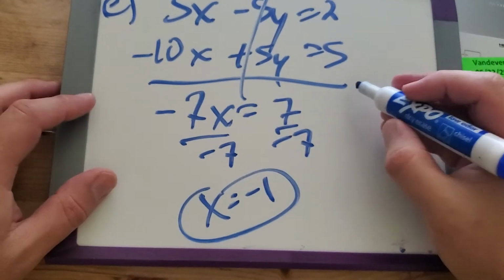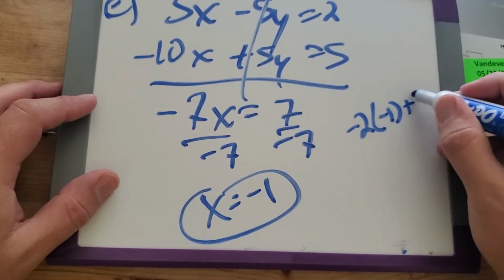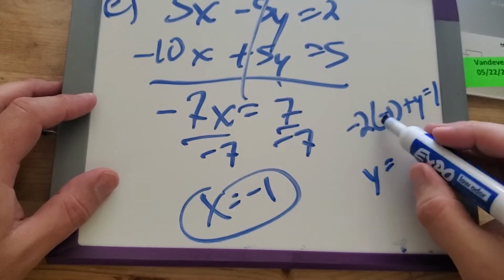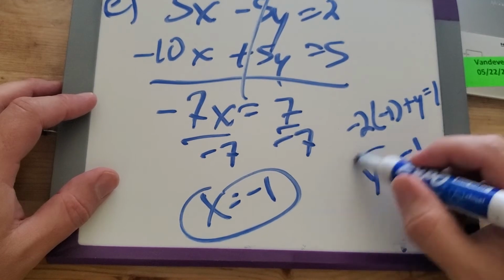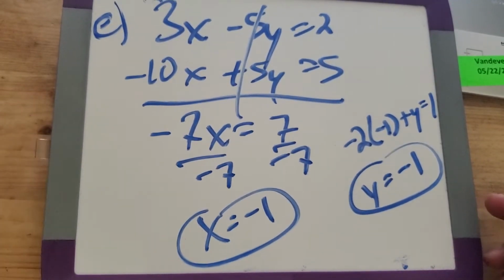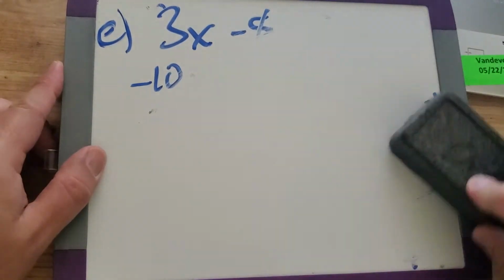And then I can take this guy and put a negative 1 into the second original equation, and now I can solve for y. So subtract 2 and get y is negative 1. So they were both negative 1, the little sneaky things. So that's the elimination method. You could have used substitution, but why?